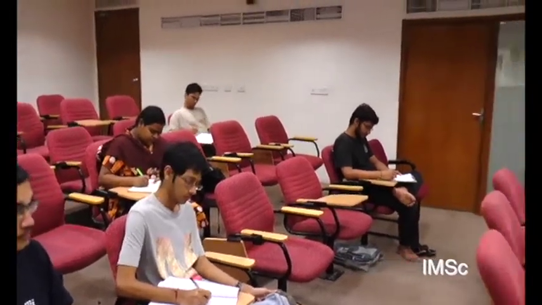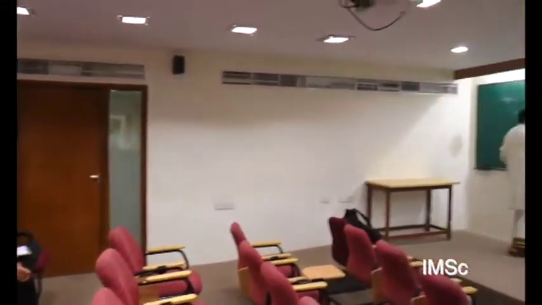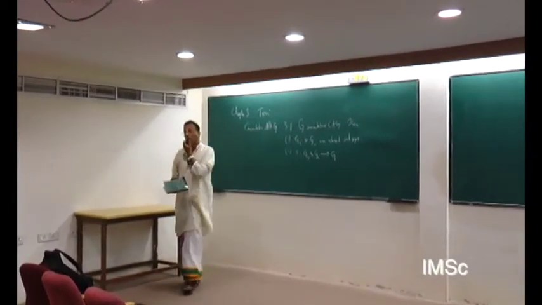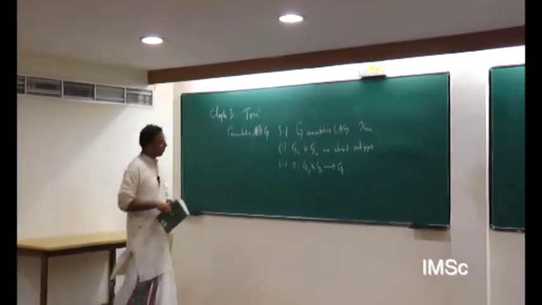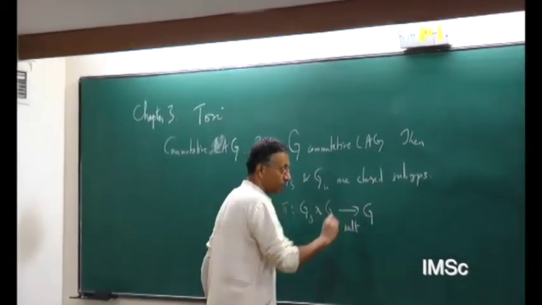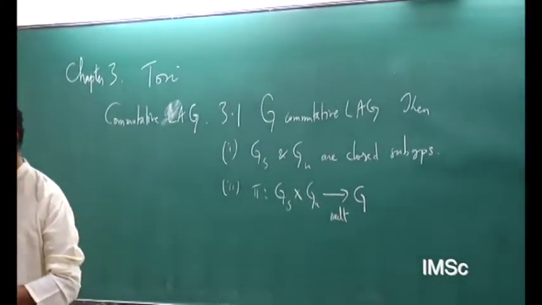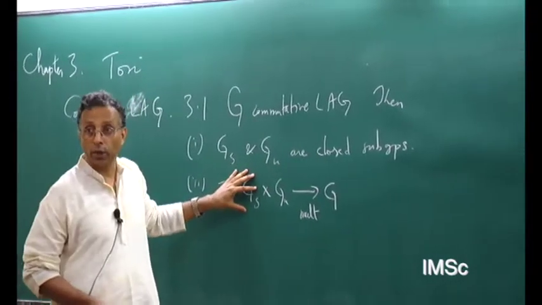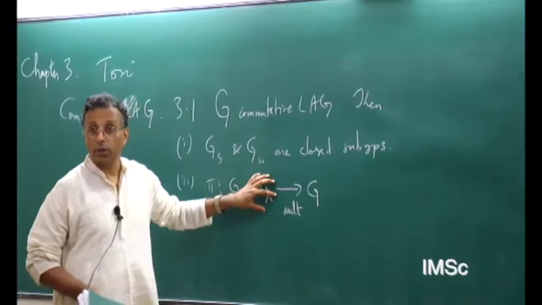But the rest are all special for the commutative case. And second, the map from GS cross GU to G is the multiplication map. This is a subset, this is a subset, so it makes sense to talk about the multiplication map. And this is a closed subgroup, so this is a linear algebraic group in its own right.